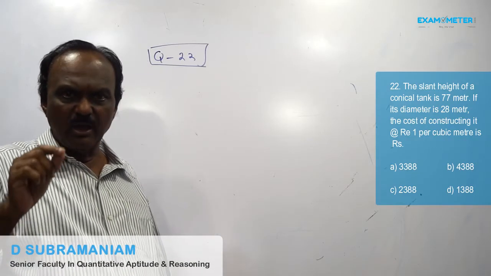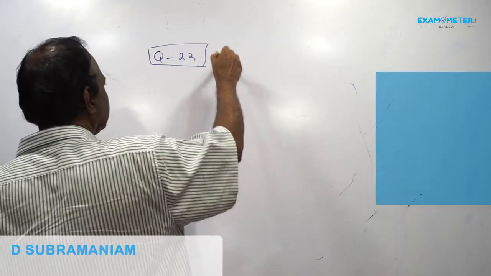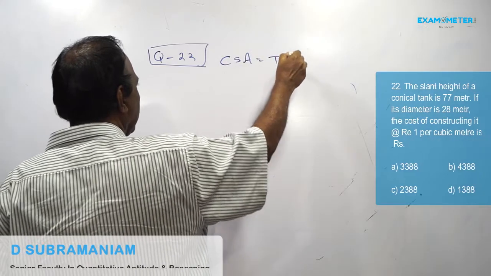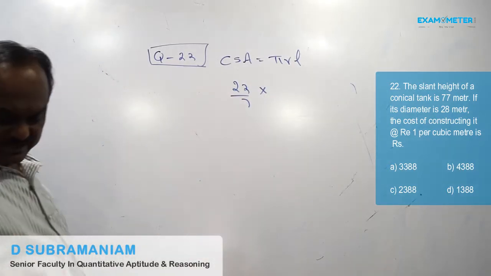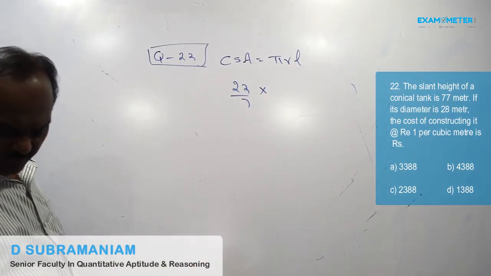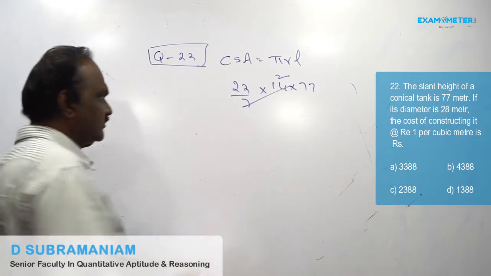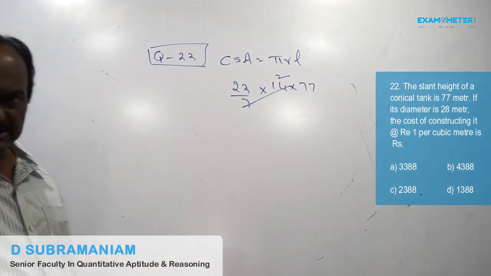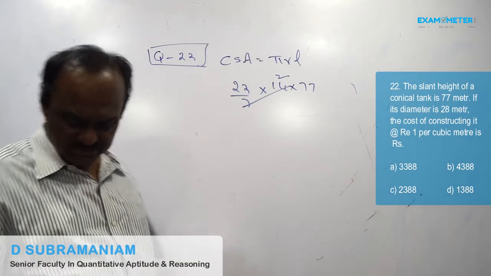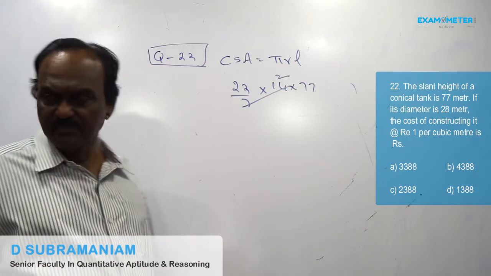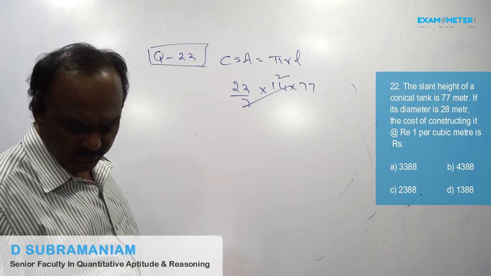Curved surface area of a cone is equal to pi r L. Pi into diameter is given, so radius will be half of the diameter. This is given as 77. 44 into 77, 3388. This you multiply by 1 rupee. That is the cost. Answer is 3388.